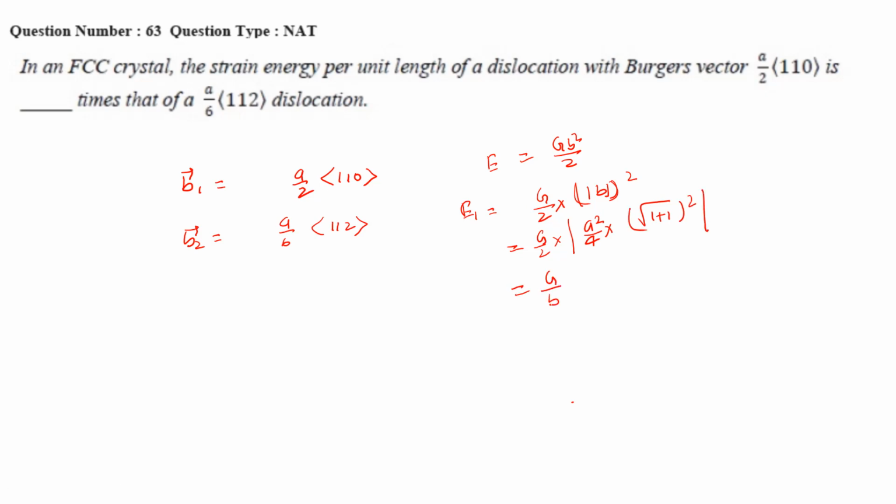This implies G by 2 a square by 4 into 2, right? And from the second, E2 is equal to G by 2 and b square.